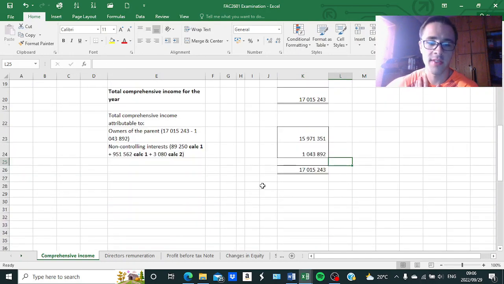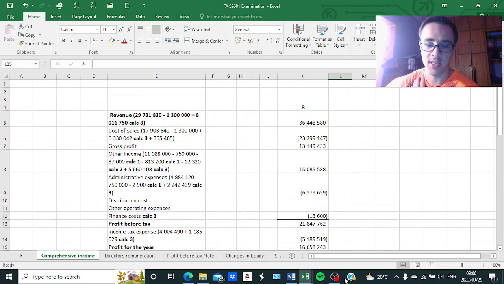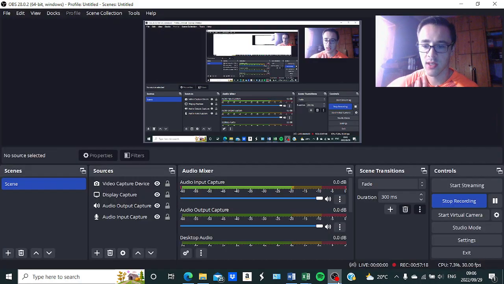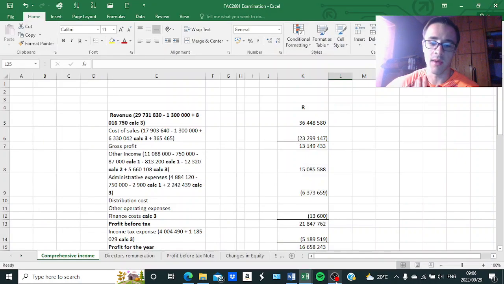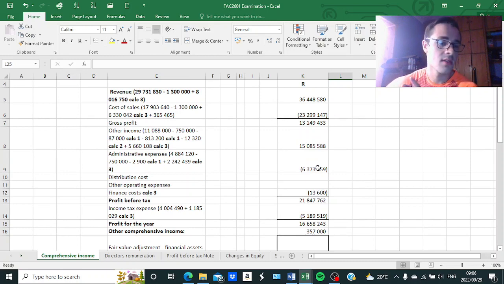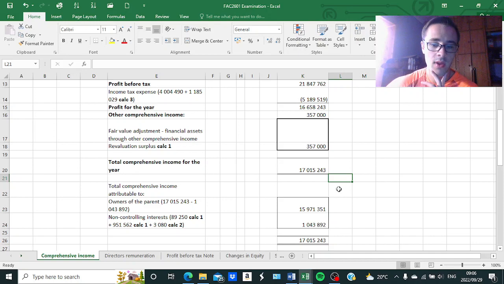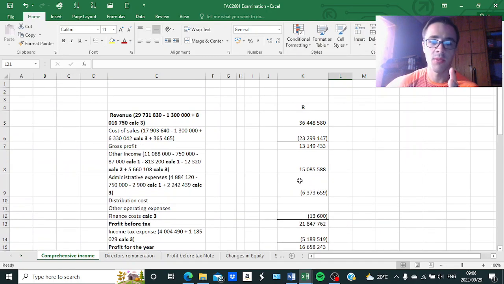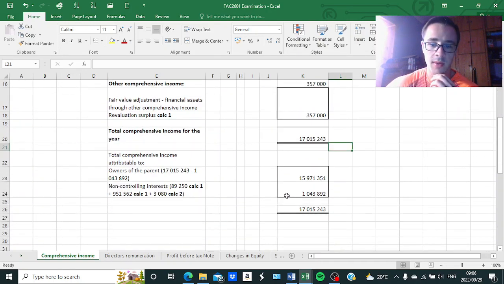So we are done with the consolidated statement of profit or loss and other comprehensive income. Let me just see how long this is. Let me take a break and then we will complete the rest of the group's financial statements. Your consolidated statement of profit or loss and other comprehensive income should look like this.